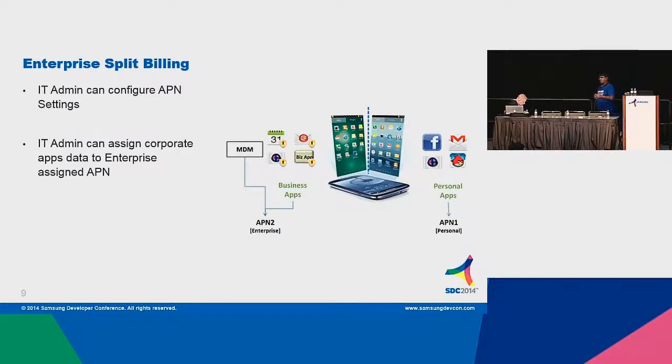As part of the KNOX platform, we support enterprise split billing, wherein the IT admin can configure different access points, configure an enterprise-enabled access point, and assign enterprise apps to it, so that the data usage by corporate apps and personal apps is segregated and the corporate apps' data usage can be billed separately.